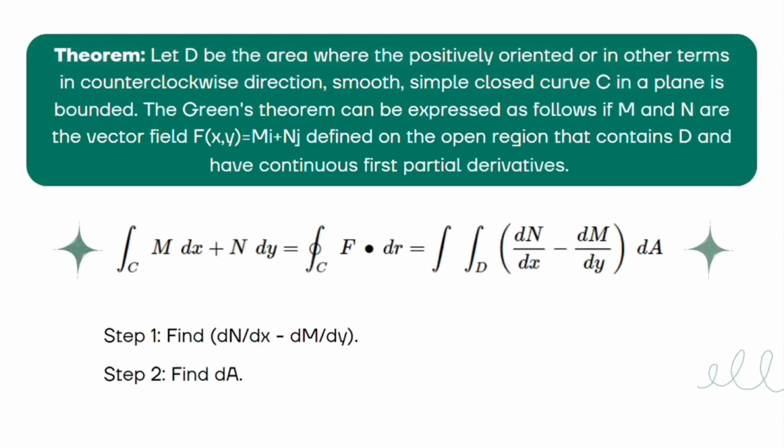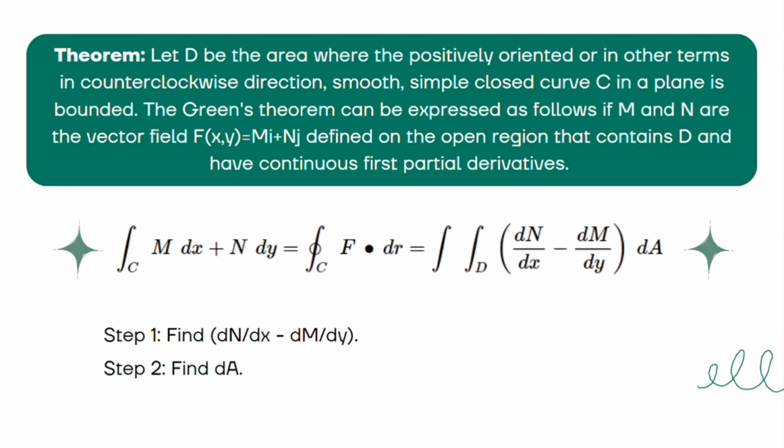To understand more deeply about this theorem, let D be the area where the positively oriented, or counterclockwise, direction of closed curve C in a plane is bounded. Green's theorem can be expressed in an equation as: if M and N are the vector field F(x,y), which is equal to Mi plus Nj, defined on the region that contains D and have continuous first partial derivatives.